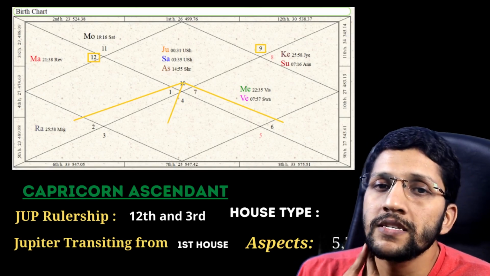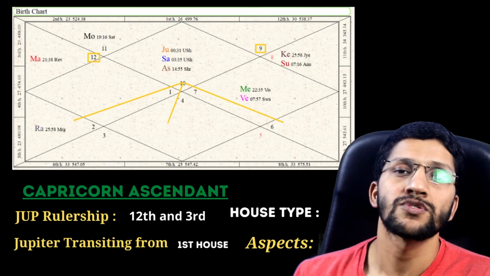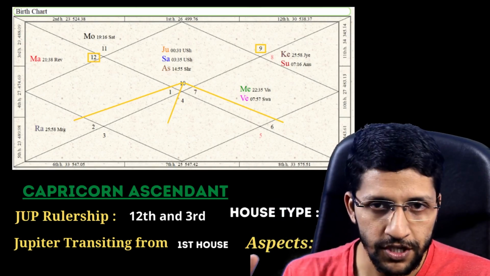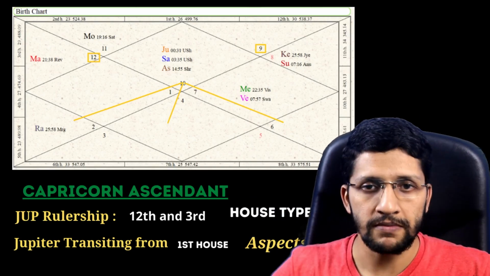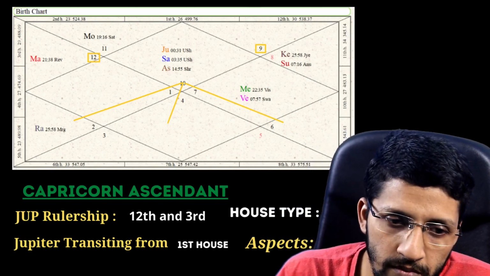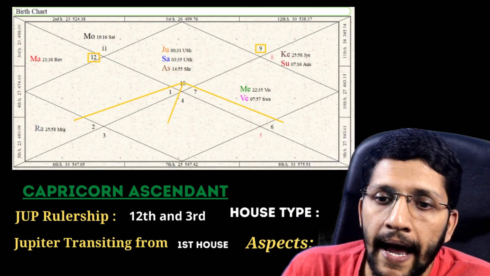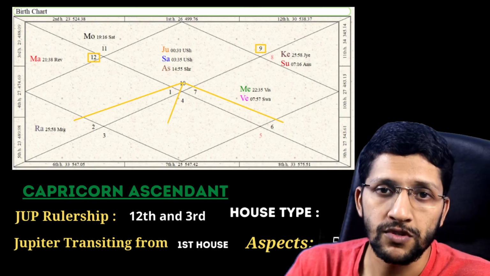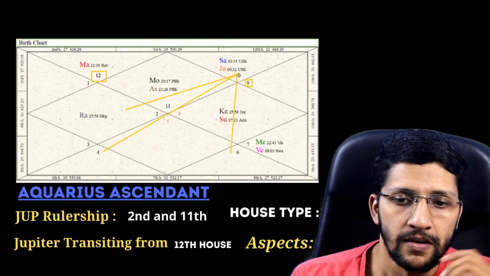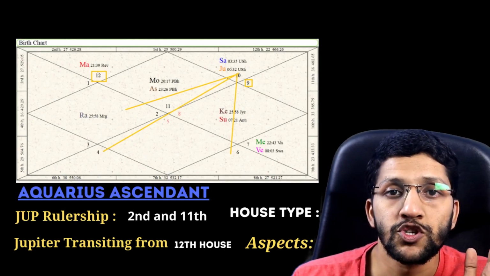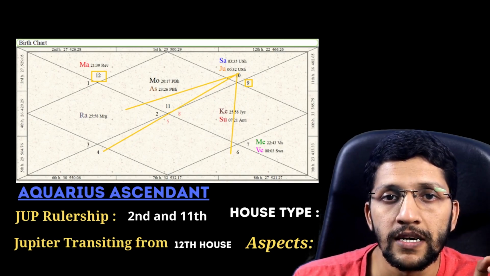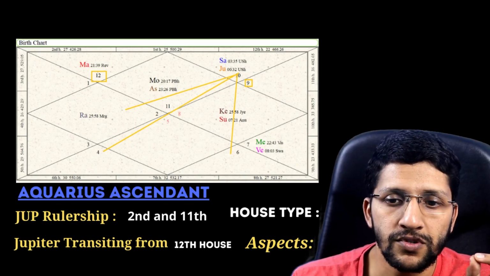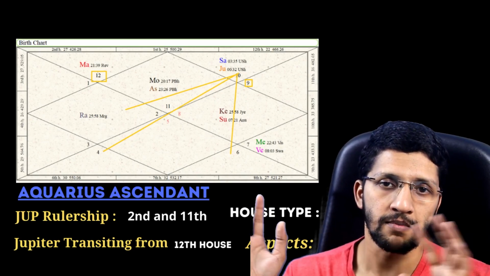Next, it is aspecting the 7th house, which is all about relationships, and it brings positivity into the relationship. And it is aspecting the 9th house of the horoscope as well. Now, for Aquarius Ascendant, Jupiter is ruling the 11th house and the 2nd house of the horoscope.